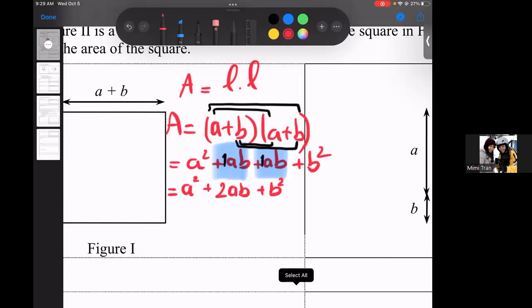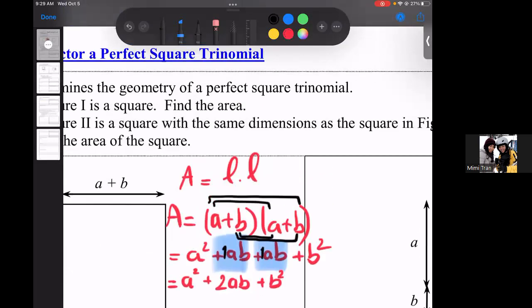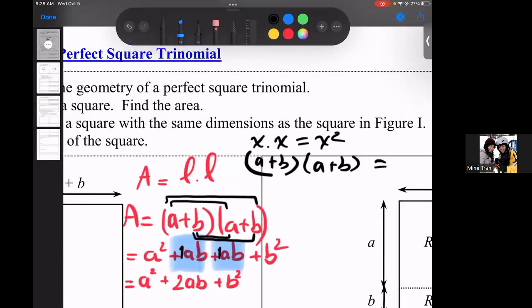If I ask you (a plus b) times (a plus b), you say what? (a plus b) squared, right? You add the powers and keep the base, right? So the base here is just a bit more complicated. It used to be x, but now it's the sum. The base is the sum.